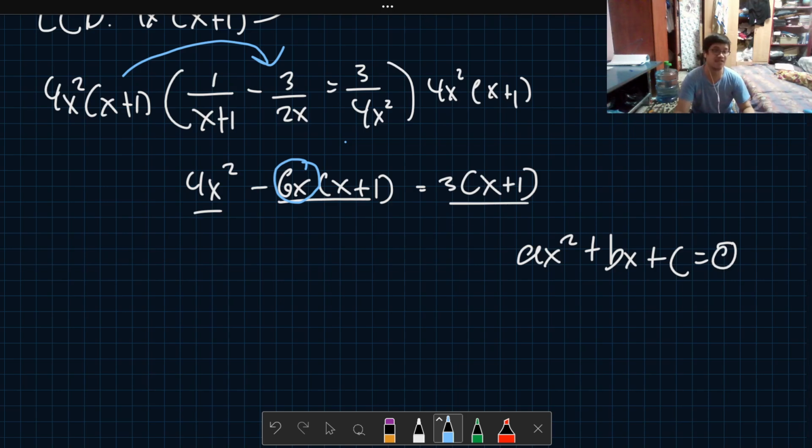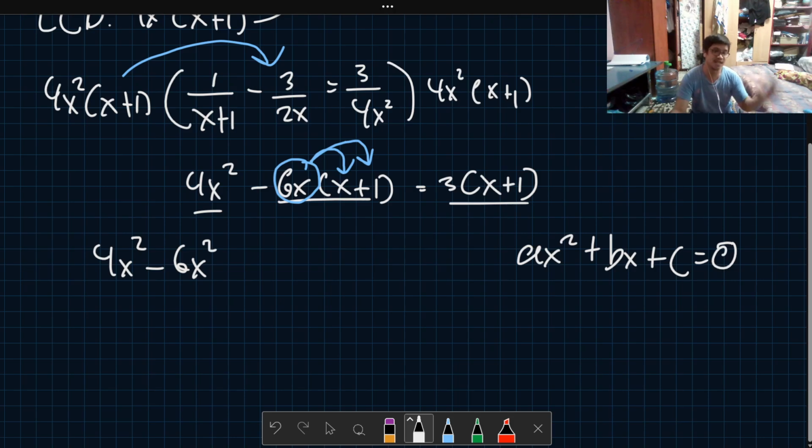For example, negative 6x, that's beside x plus 1. So you're going to multiply negative 6x times x, negative 6x times 1. Negative 6x times x will give you negative 6x squared, and negative 6x times 1 will give you negative 6x.